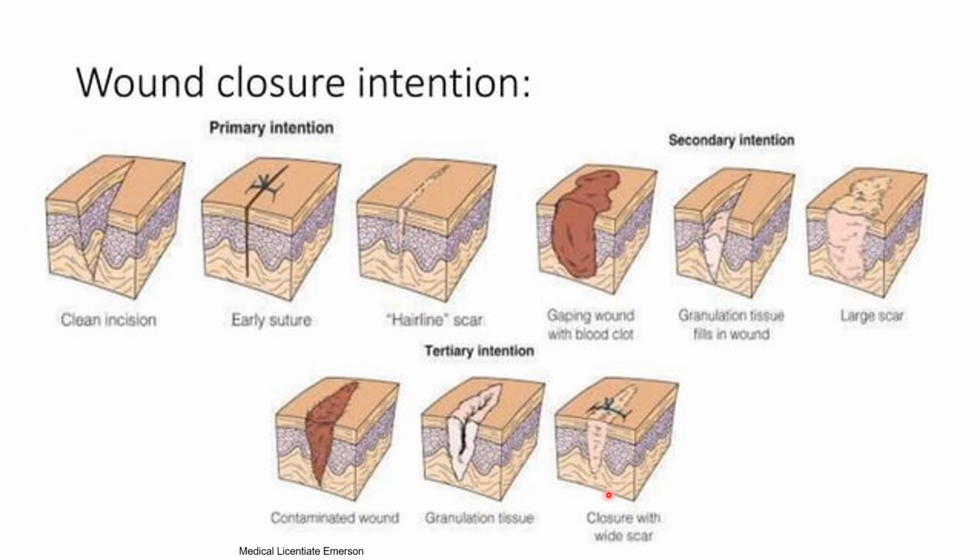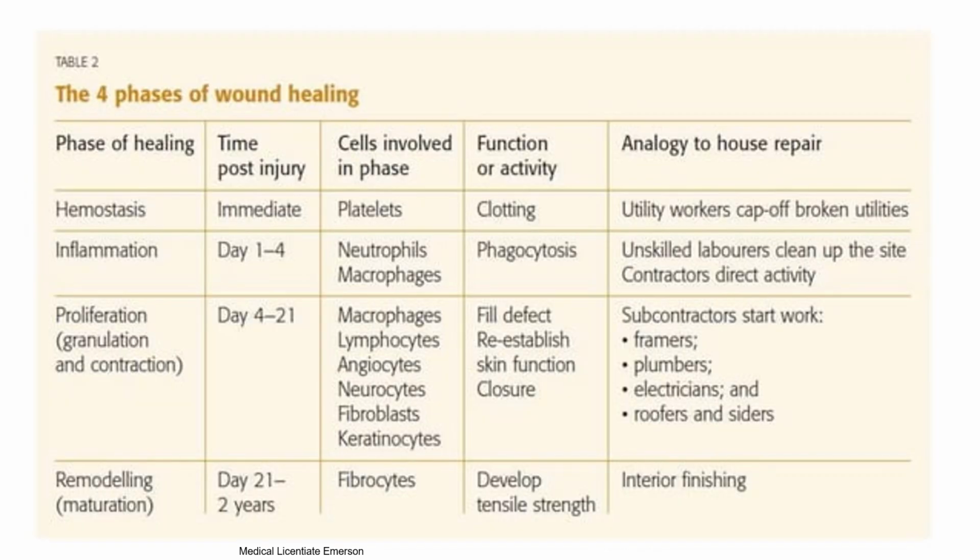Then at the end, you close it with a wide scar. That is tertiary closure. These are the stages of the four phases of wound healing we are going through. So we can actually just pause and go through. Do your own recap as we are moving.